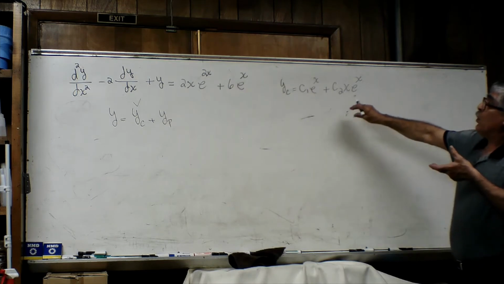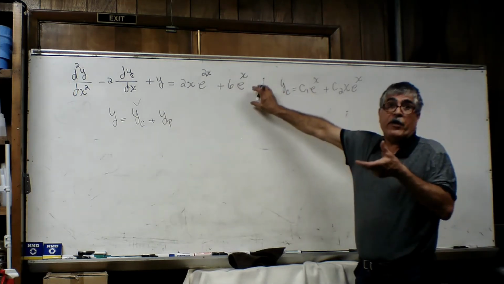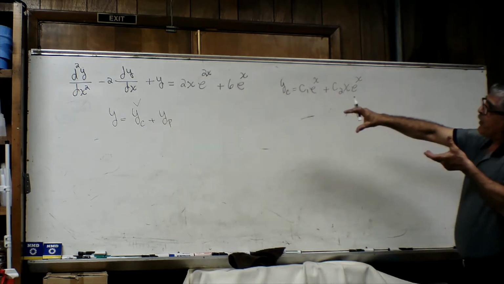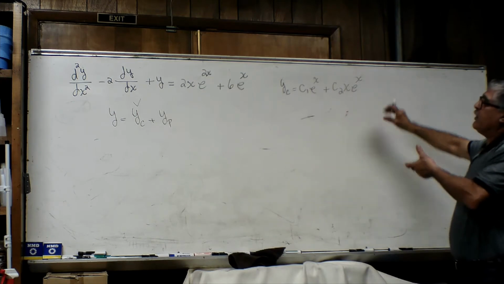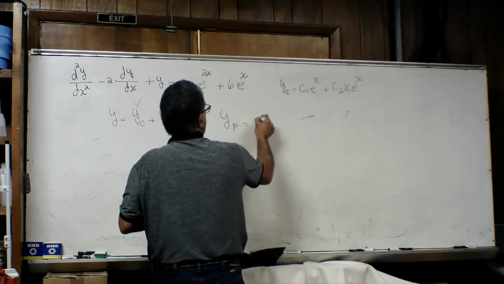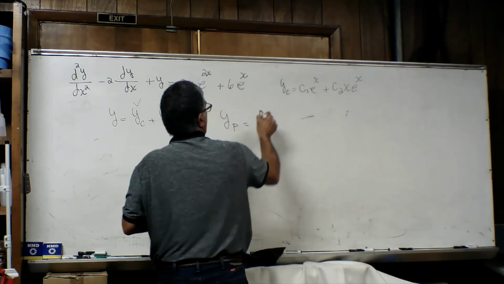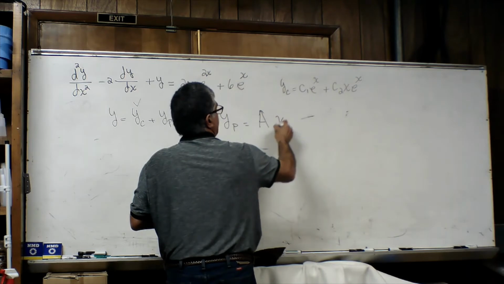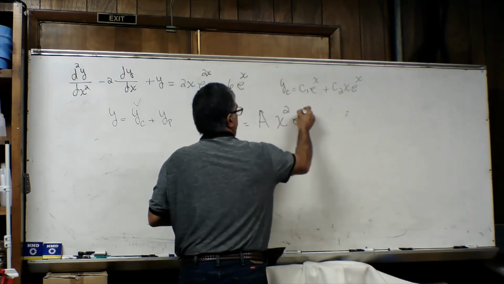So now we have repeated here again, so our next choice must be a constant. Let's call it a x squared e to power x.